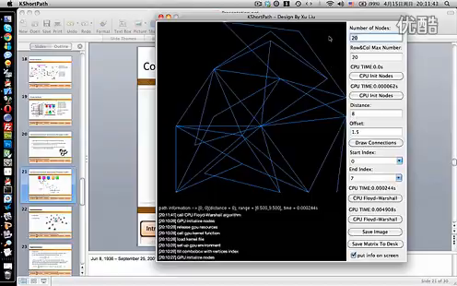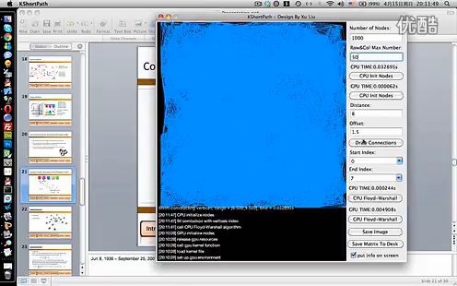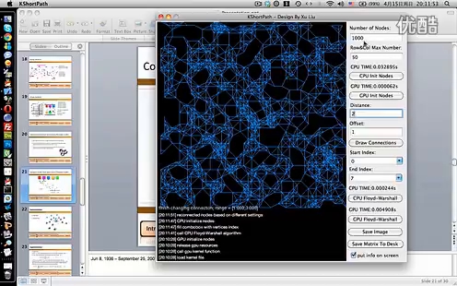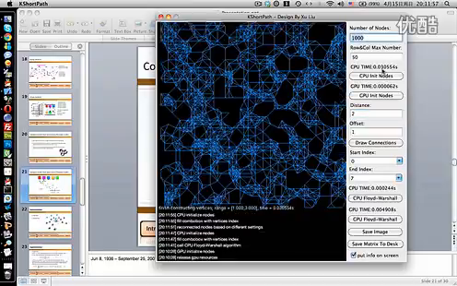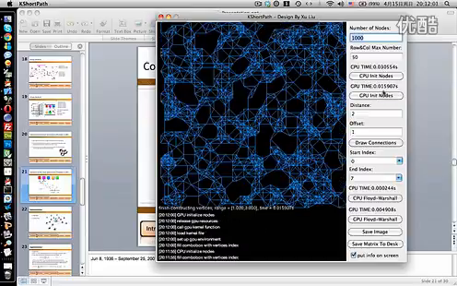Now I will try to use 1000 nodes to show the difference. So here I give 1, 2 and draw. Okay, this is 1000 nodes, and here the CPU uses this much time to draw this graph, and the GPU uses just half of the time to draw this graph.